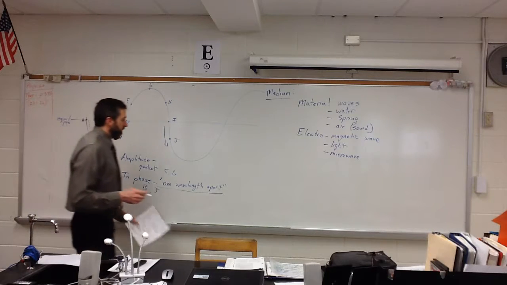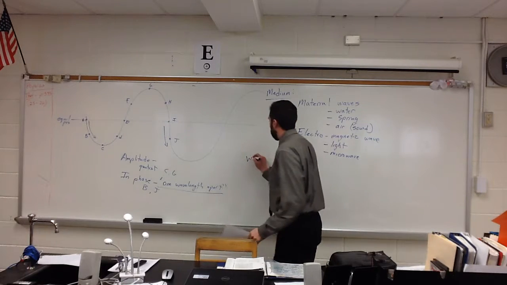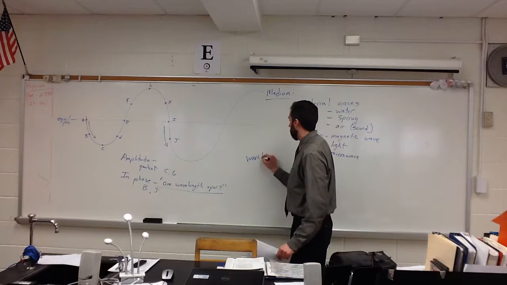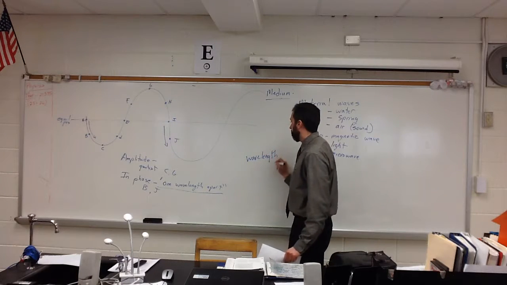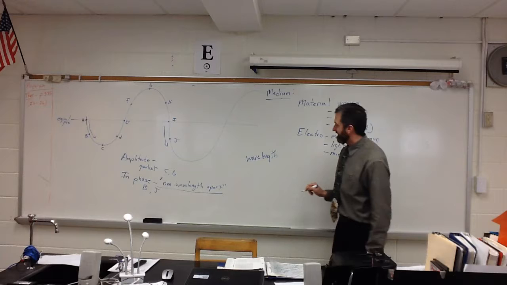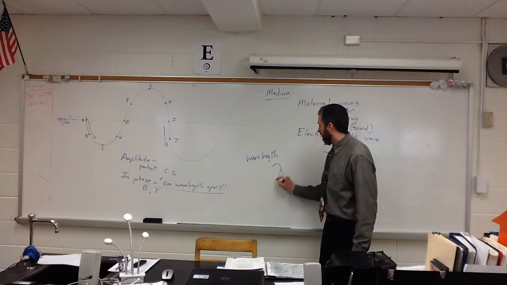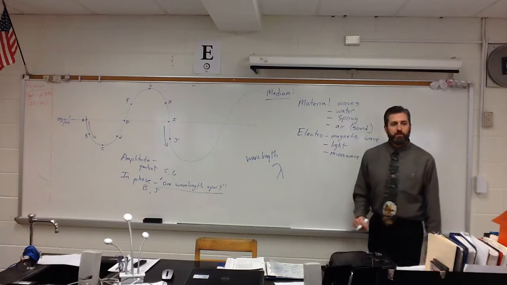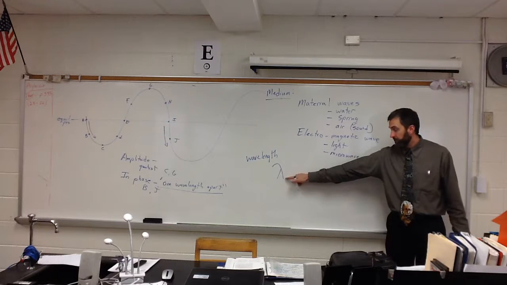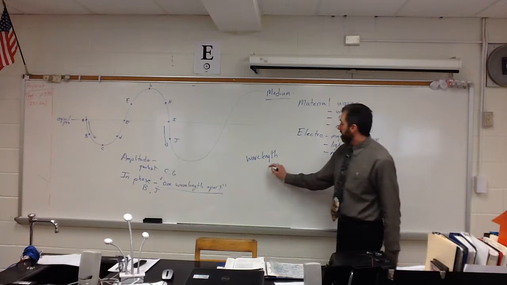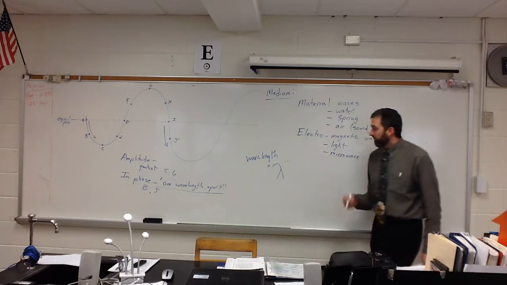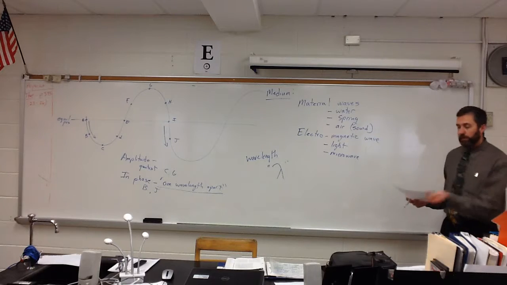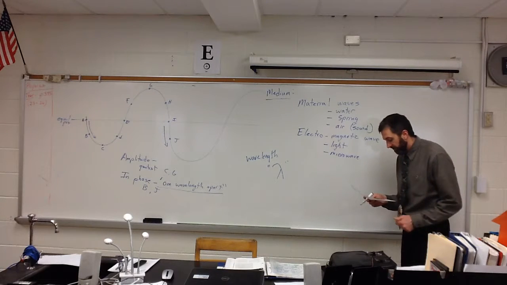Now while we're talking about wavelength, the word wavelength we've defined as 2 points that are in phase, but there's a symbol for it, and it's a lambda. Greek letter lambda, like that. This is the letter that you will use to represent a wavelength.